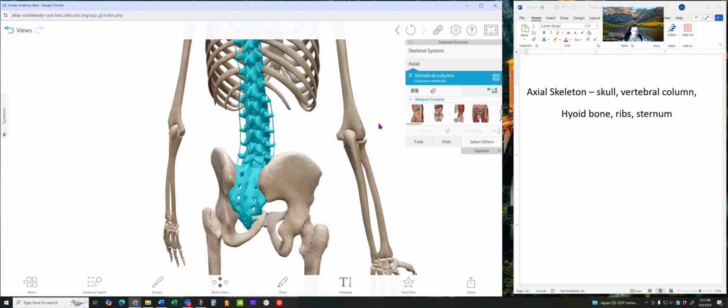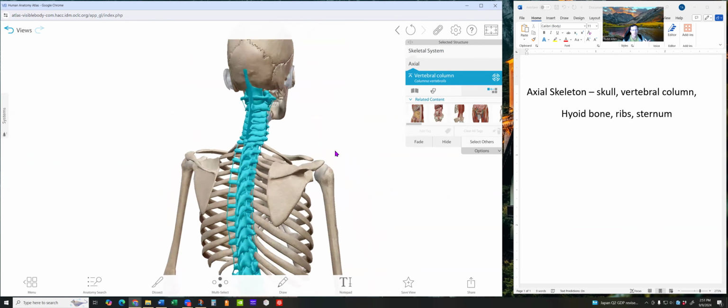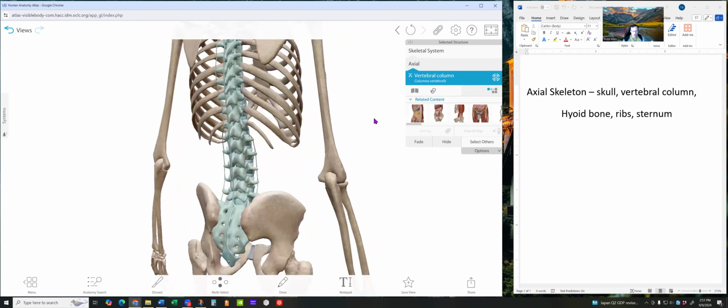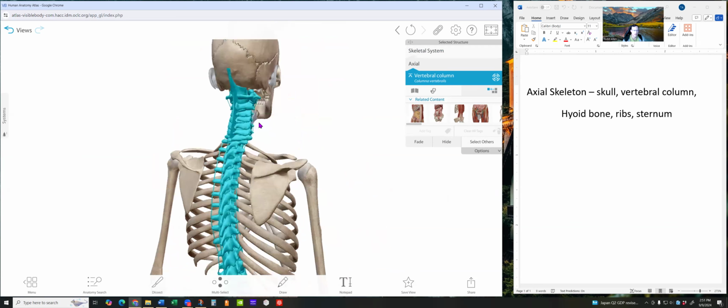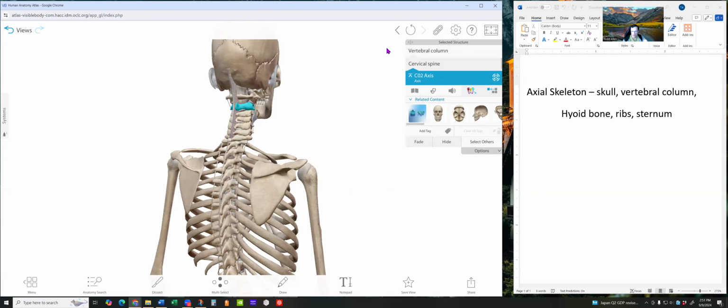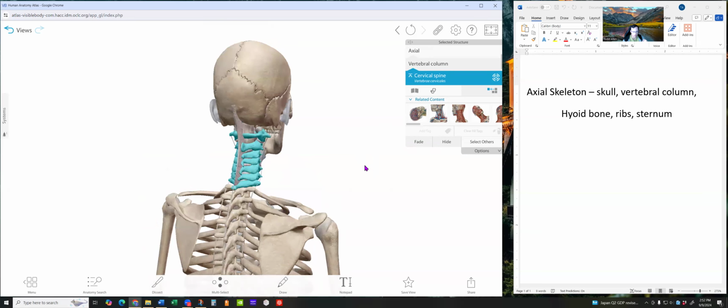No mystery here. Okay, so let's take a look at this. Once you've had a chance to look at your entire vertebral column, go ahead and click one of the cervical vertebrae. Okay, I happen to have clicked C2. Go ahead and click the C2 label in the selected structure window and click the cervical spine, and it's going to highlight all the cervical vertebrae.